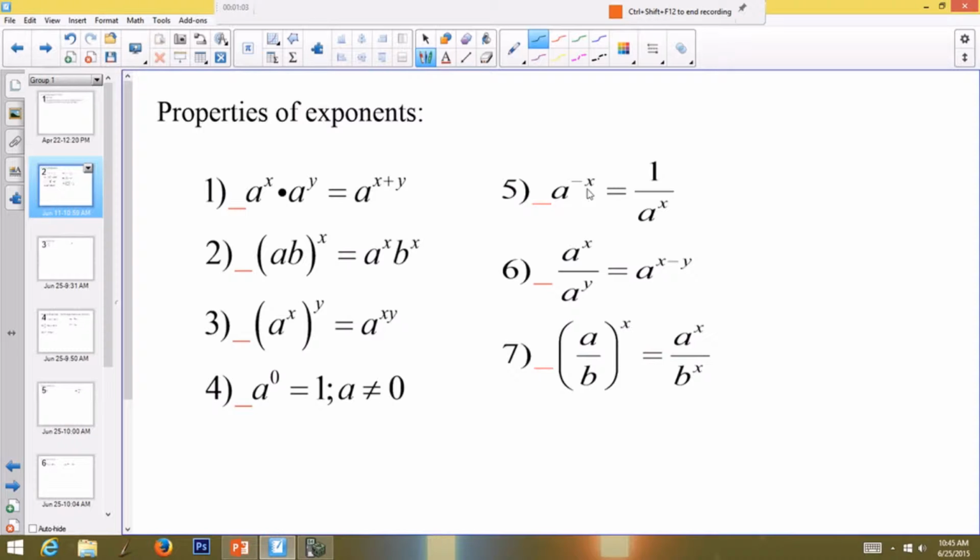And a to the negative x can be written as 1 over a to the positive x. If you have a division of two exponential expressions with the same base, you can subtract the exponents, and if you have a division of two expressions all to a certain power, you can separate it and take the top or the numerator to the exponent as well as the denominator to the exponent.